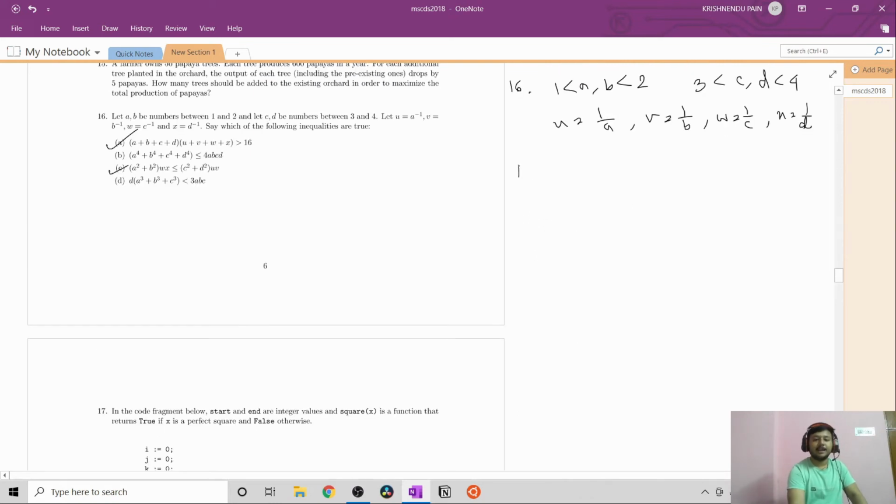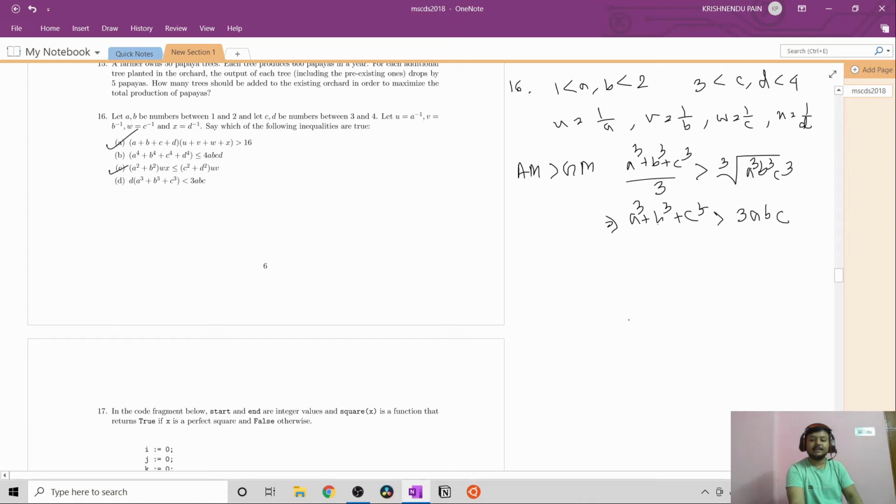For option D, apply AM greater than GM for A cube, B cube, C cube. Then we'll get A cube plus B cube plus C cube by 3 is greater than cube root of A cube, B cube, C cube. Then A cube plus B cube plus C cube is greater than 3ABC. D is between 3 and 4, so that is a positive number, and that is greater than 1.